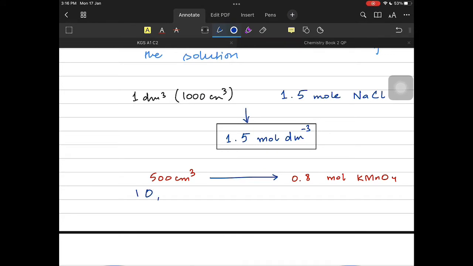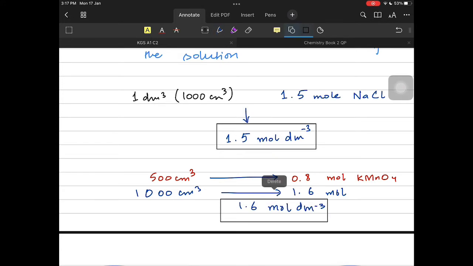So I will do the conversion over here. And my conversion would be that 1000 centimeter cube would be carrying double the amount. And now my concentration would be quoted again per decimeter cube. If 500 has 0.8 moles, then obviously 1000 would be having 1.6. So the concentration is 1.6 mole per decimeter cube.